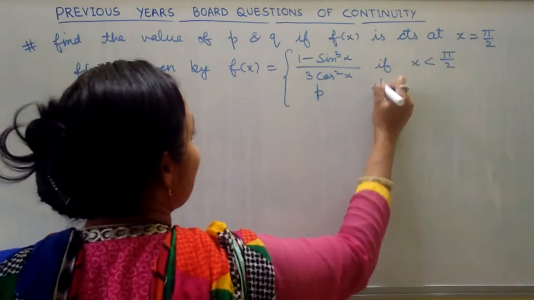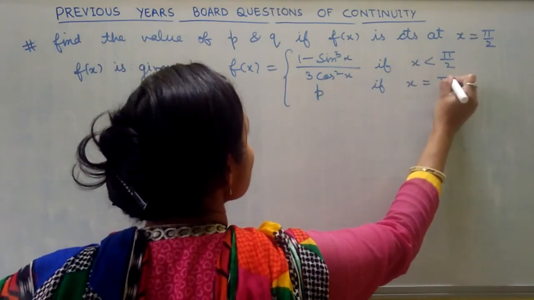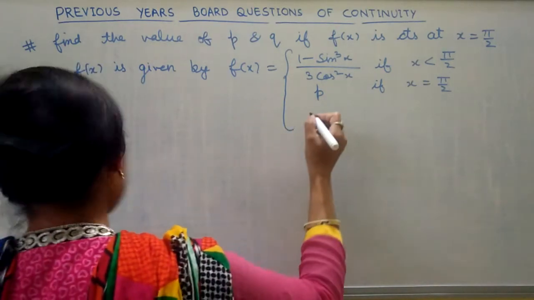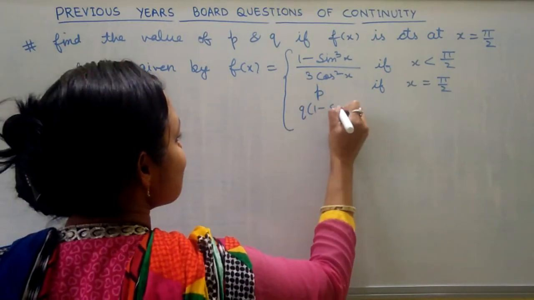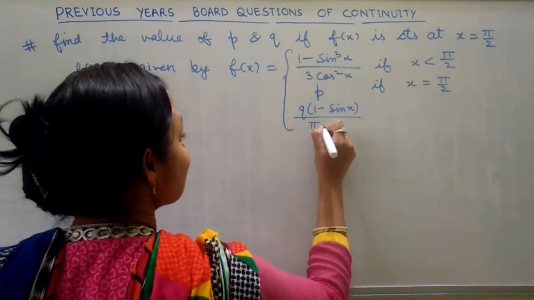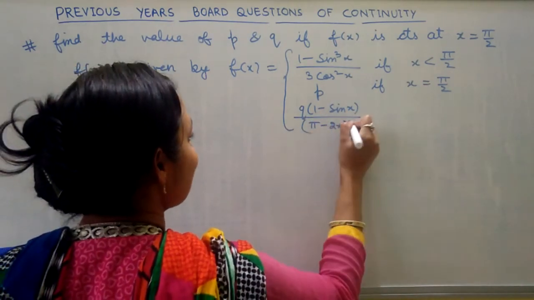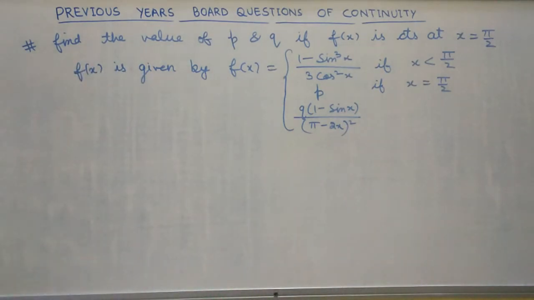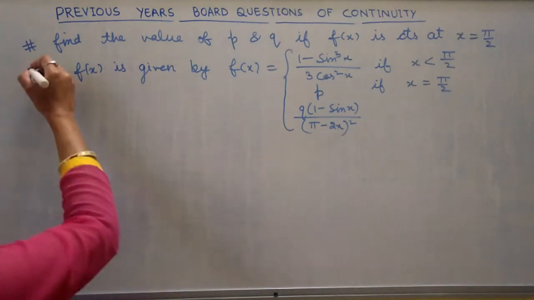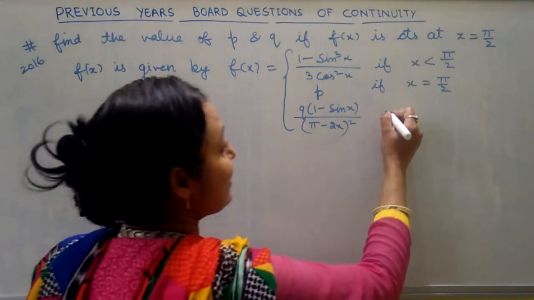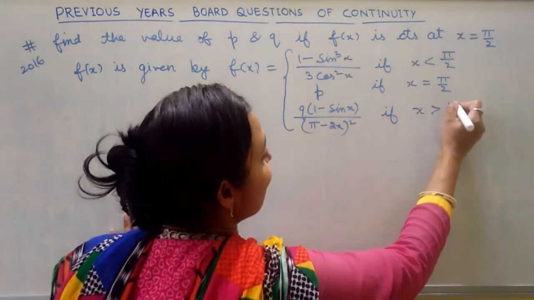P, if x is equal to pi by 2, and the third value, that is Q, 1 minus sine x divided by pi minus 2x whole square, if x is greater than pi by 2. So you have to find the value of P and Q. This is a 2016 question.